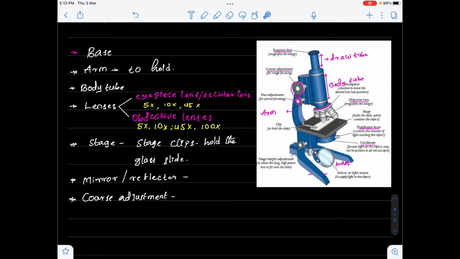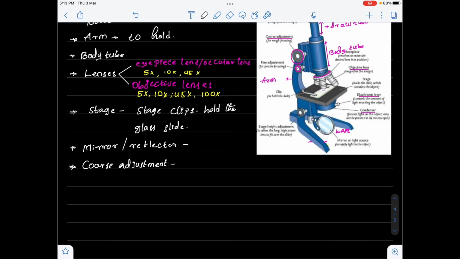So this can be moved to get the desired focus. Whereas the fine adjustment can also be rotated in both directions. This can be rotated to get a sharp image of the material we have taken on the glass slide. Just let me note it down.